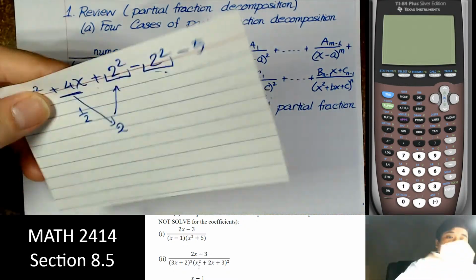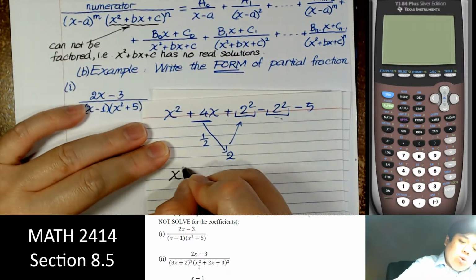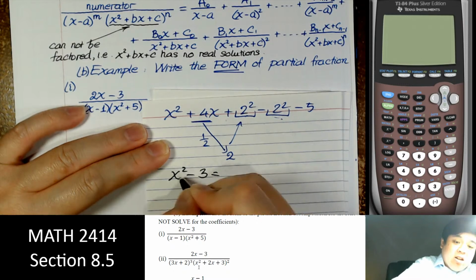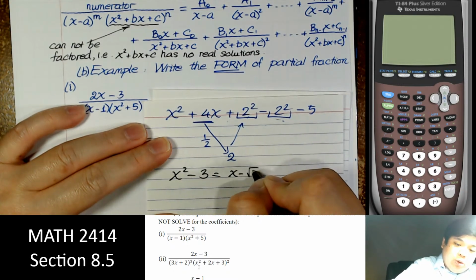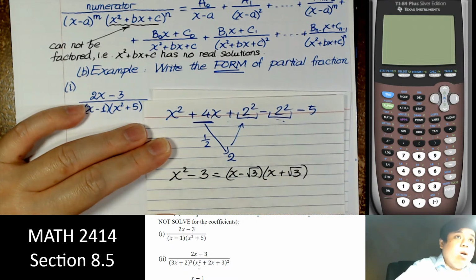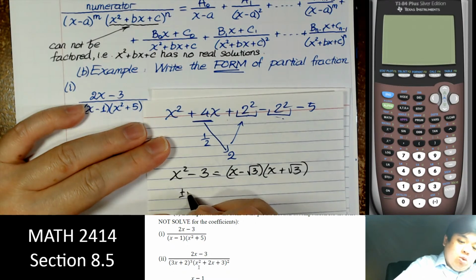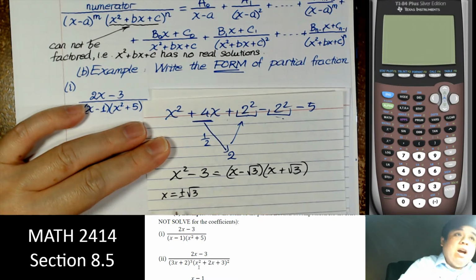Because technically, for example, if we have x squared minus 3, we still can factor that as x minus square root of 3 and x plus square root of 3. So this will not work because it has the solution of plus or minus square root of 3.